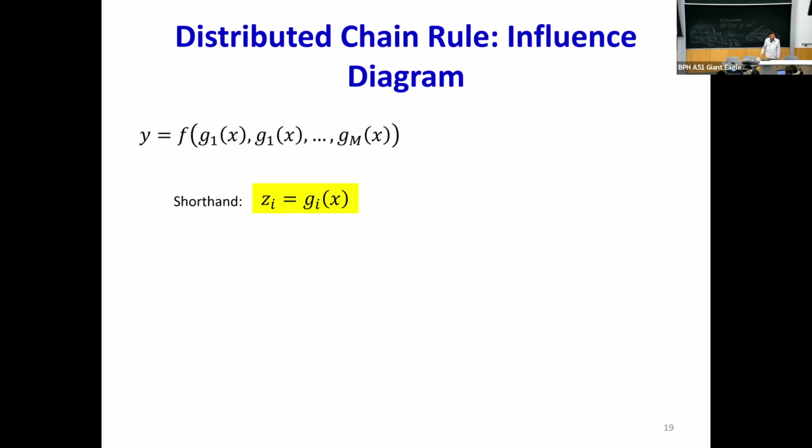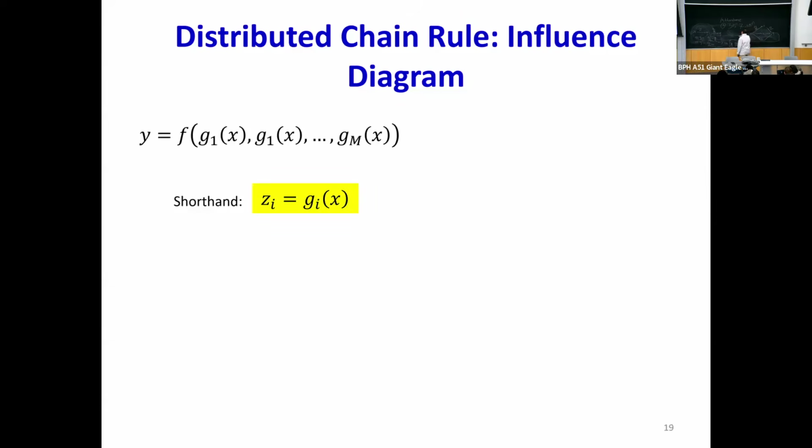Correct? So now, based on this, what are the edge weights? What are the edge weights? This is going to be dzi over dx, and this is going to be dy over dzi. So if you just combine these, what is the derivative of y with respect to x? Again, y depends on all of these z's, right?